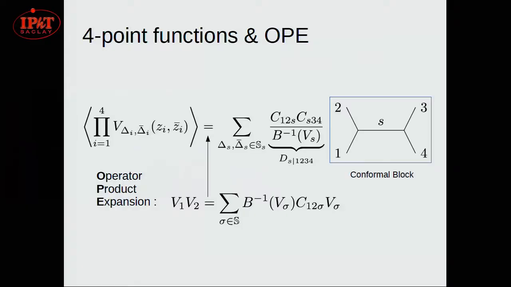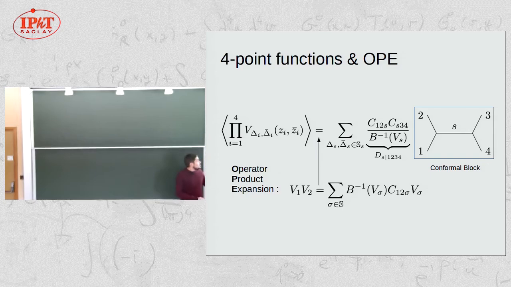So if we insert this expansion into the 4-point function, we find what we call in this case the S-channel decomposition of the 4-point function. Again, we have a sum over a certain spectrum corresponding to the channel S of some coefficients that now have two 3-point structure constants and the normalization factor of the 2-point function, and this coefficient as a whole is called the 4-point structure constant D. And then we have a series of known functions which are determined from the algebra that are called the conformal blocks.